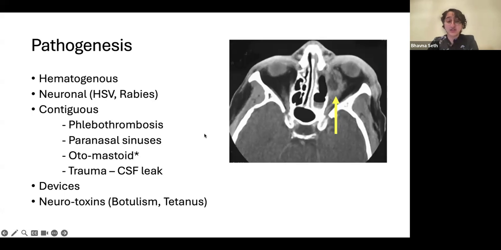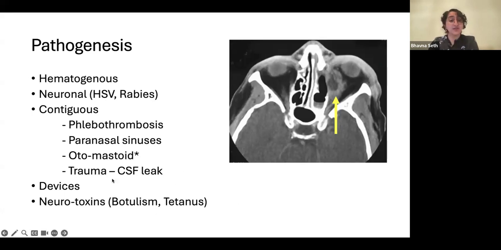I recently had a patient who had malignant otitis externa, which caused meningitis, and our patient almost developed herniation and needed an external ventricular drain placed emergently.